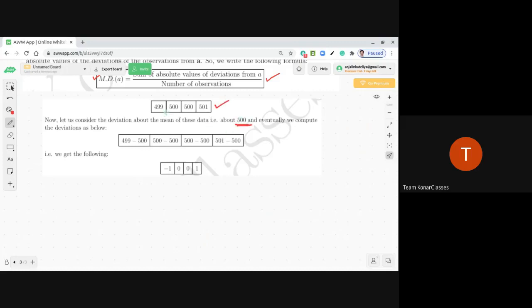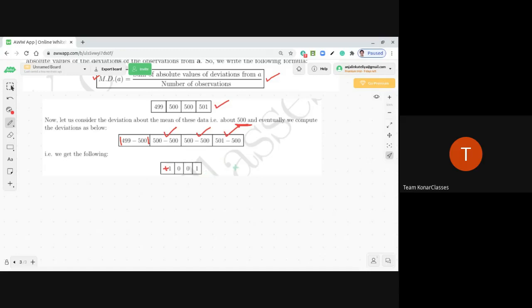So we take 499 minus 500, which is -1, but the moment we take the absolute value, -1 becomes +1. The rest of the values, 500 minus 500, 500 minus 500, 501 minus 500, are all non-negative, so we do not change them.